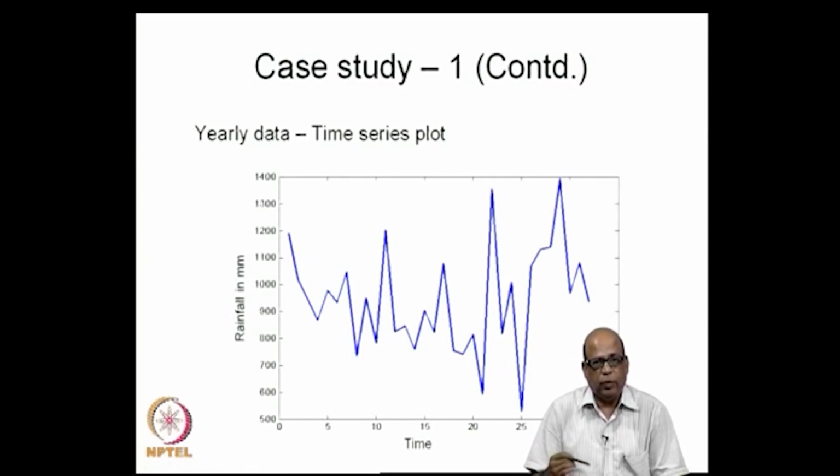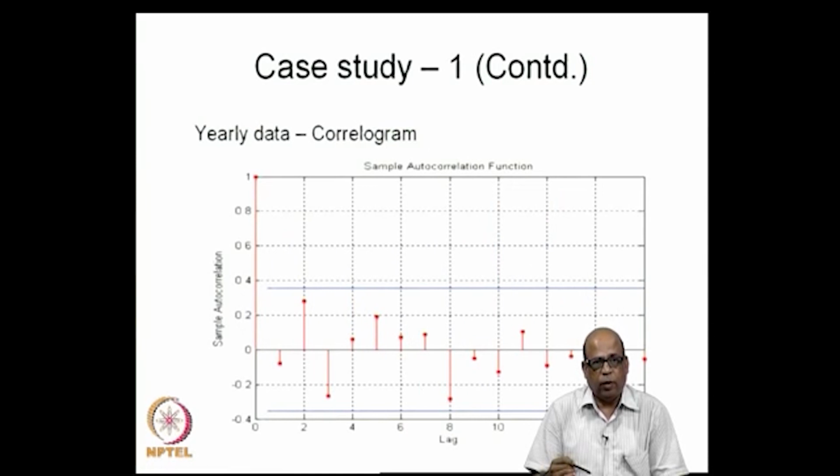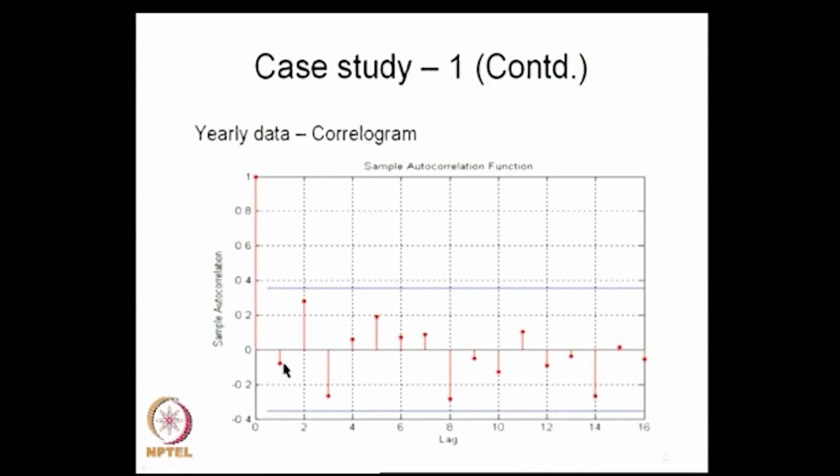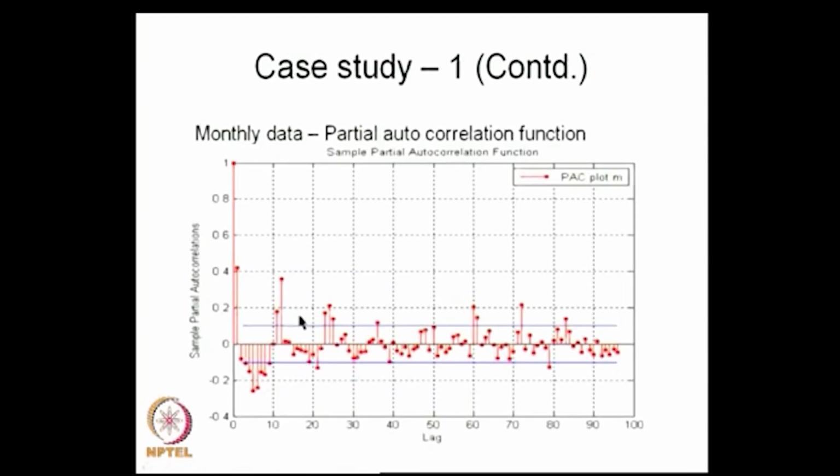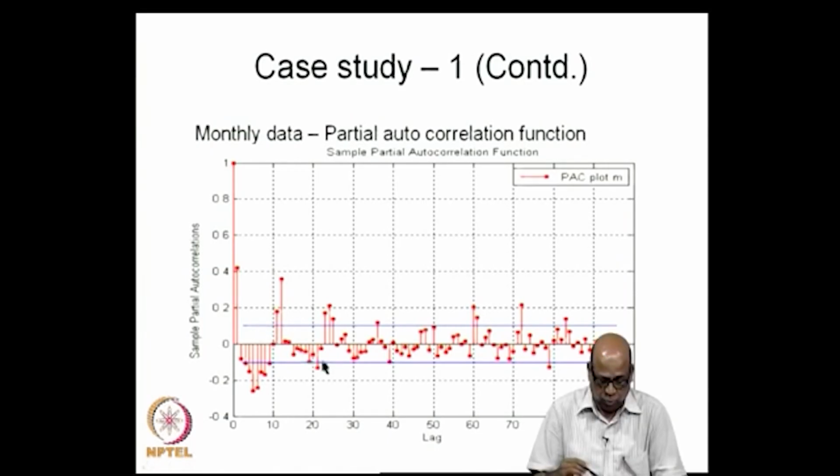Let us see what happens to the correlogram of the annual data. Now, the significance bands are here. Why are the significance bands different from daily to monthly to annual? It is because of the number of values that you are using. This is 2 by root n.